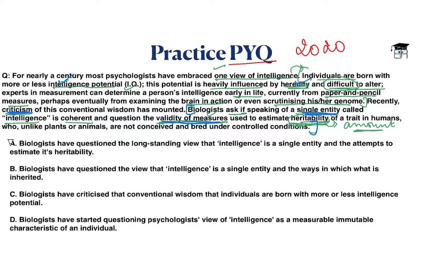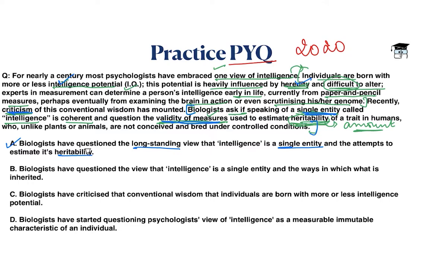Okay, starting with the first option. Biologists have questioned the long-standing view that intelligence is a single entity, one keyword, and the attempts to estimate its heritability. Another keyword is also present. Now, it is right.